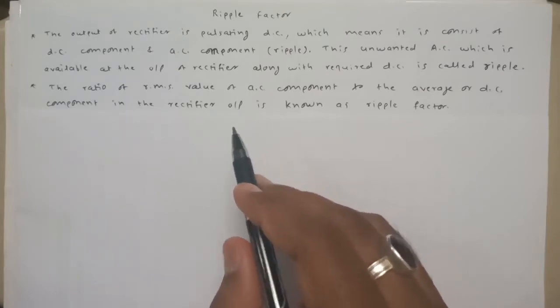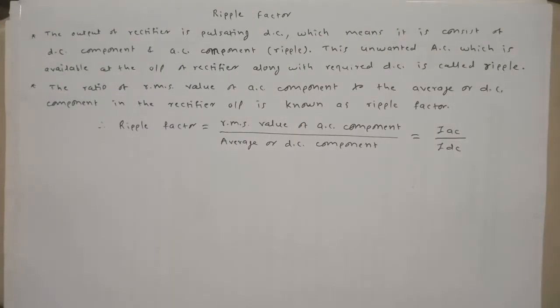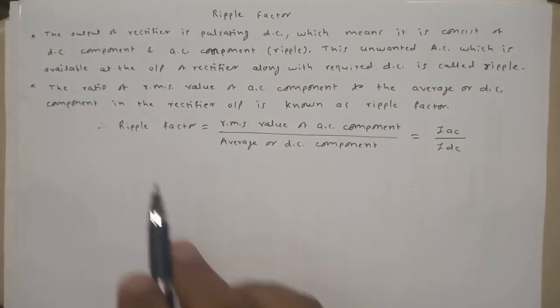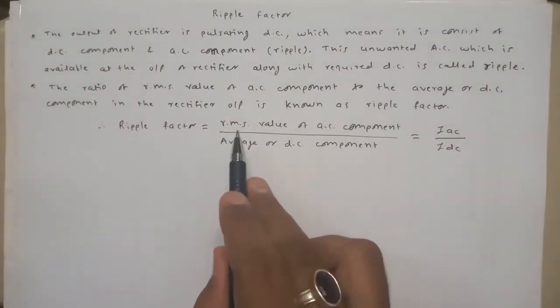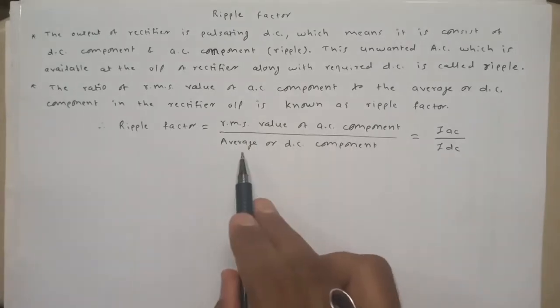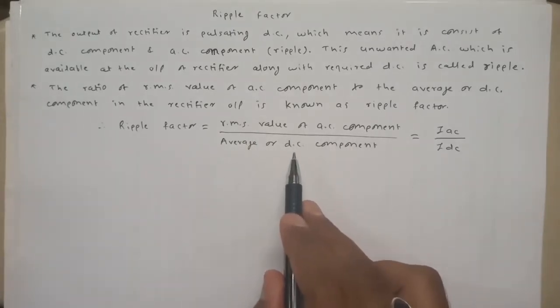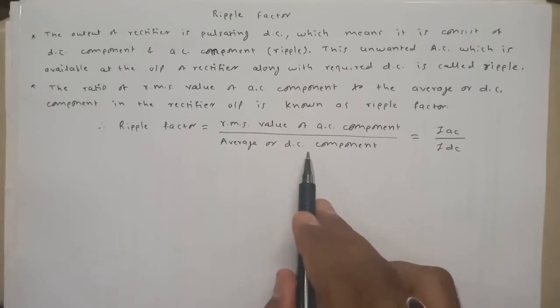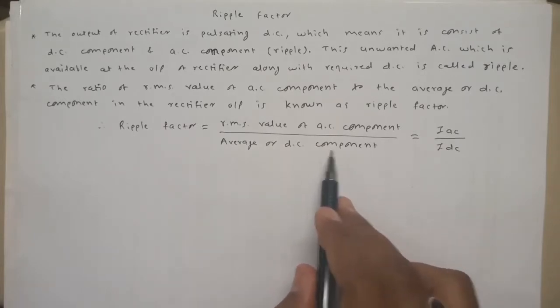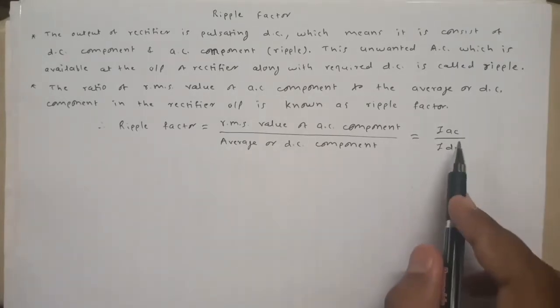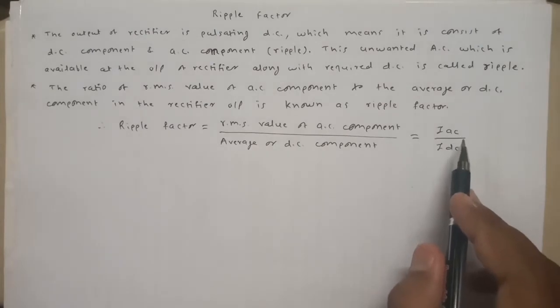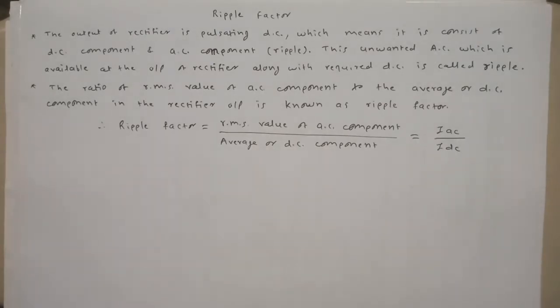Accordingly the equation for the ripple factor is given like this. Ripple factor is nothing but the ratio of the RMS value of the AC component divided by the average or DC value of the DC component. So this is the ratio of IAC divided by IDC.